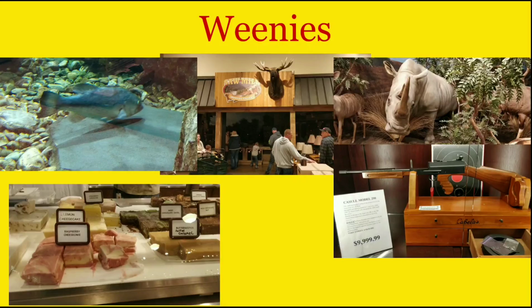Then we're going to place weenies. This is from a trip I did on Saturday to Cabela's, and I specifically took these pictures because I wanted you to see how they kind of control your mind, or how they use your mind a little. Each picture that you're looking at is a different area. If this were a map, each one of these would be in the same area on the map. So those guns are a little to the right. And actually below there is a cafeteria, but I never went in and I never took a picture, so there it is.